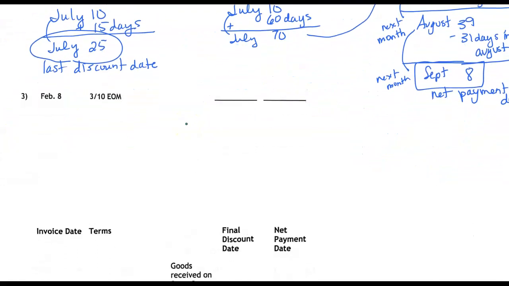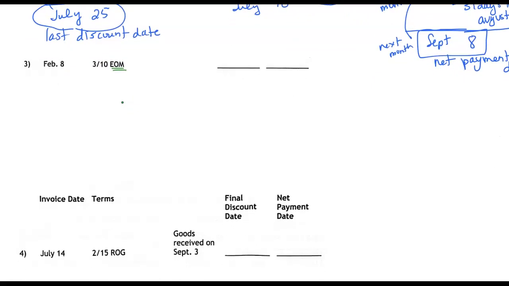Question 3 says, February 8th, 3% discount for 10 days, and we have EOM, end of the month. What EOM means is ignore the date of February 8th, so ignore that invoice date, and use the last day of that month.